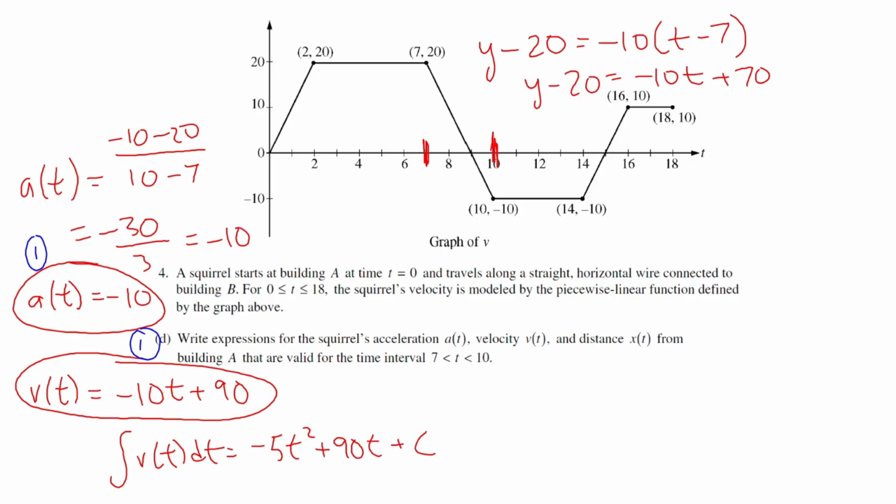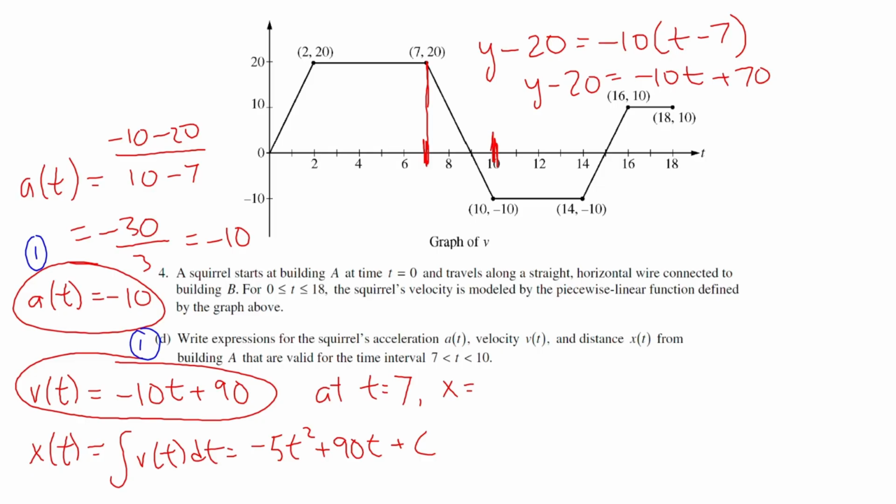Well, we can find that constant because we know that at t equals 7, the position of this, and we'll even write this, x of t is equal to this. The position is going to be equal to whatever the area from 0 to 7 was.